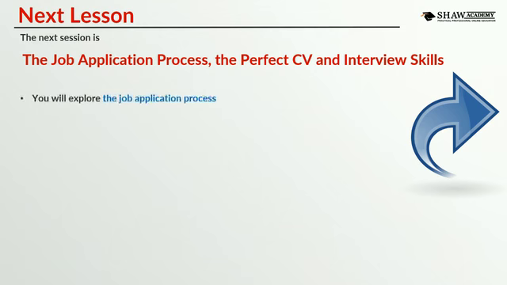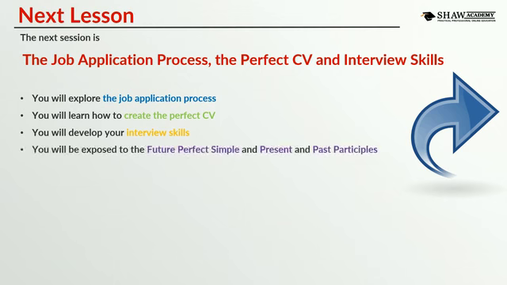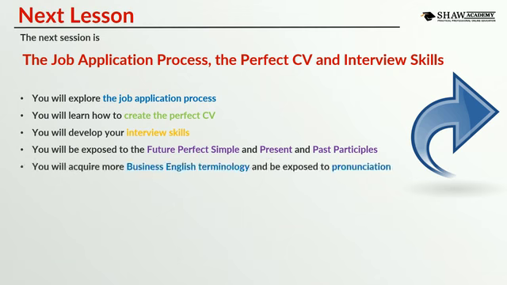So you'll explore the job application process, how to create the perfect CV. We'll develop your interview skills. You'll be exposed to the future perfect and the present and past participles. So of course we need some grammar in there. And you'll acquire more terminology and my brilliant pronunciation, guys.